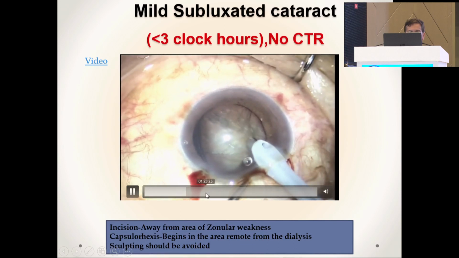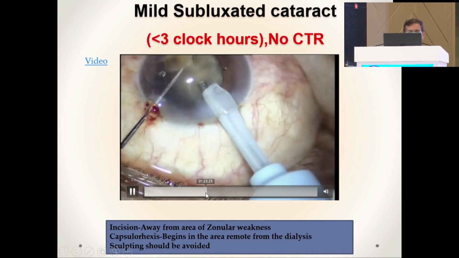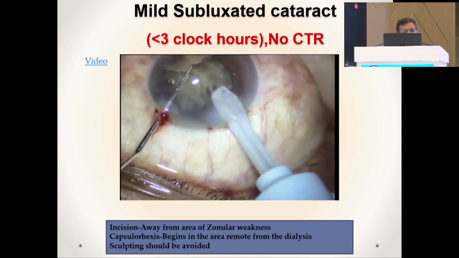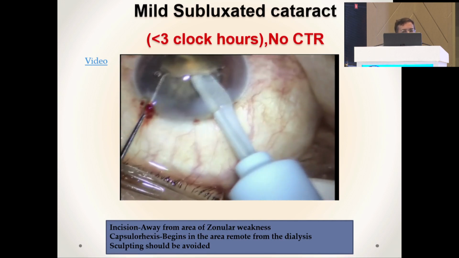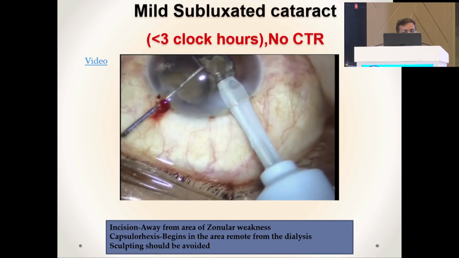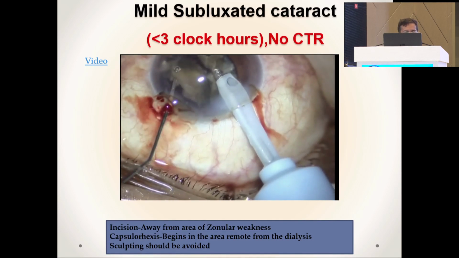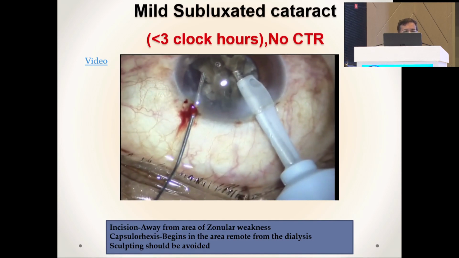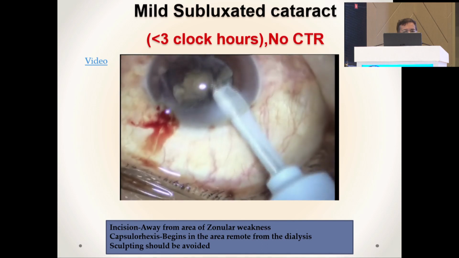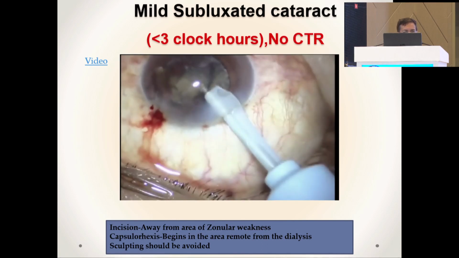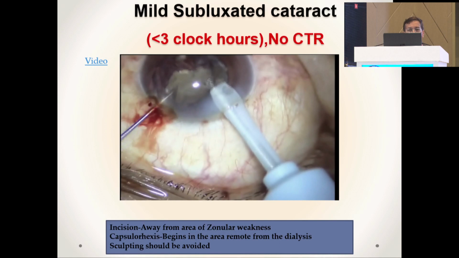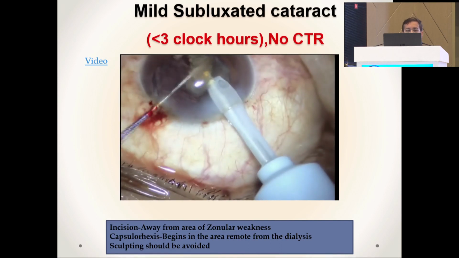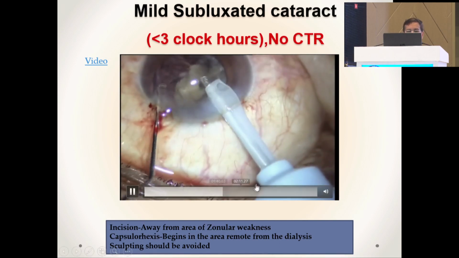Once it is managed, you have to cover that area of zonular dialysis with good viscoelastic, to avoid the fall of the nuclear fragment into the vitreous cavity. Keep the chamber stable and avoid fluctuation in the anterior chamber, otherwise it will increase your subluxation.